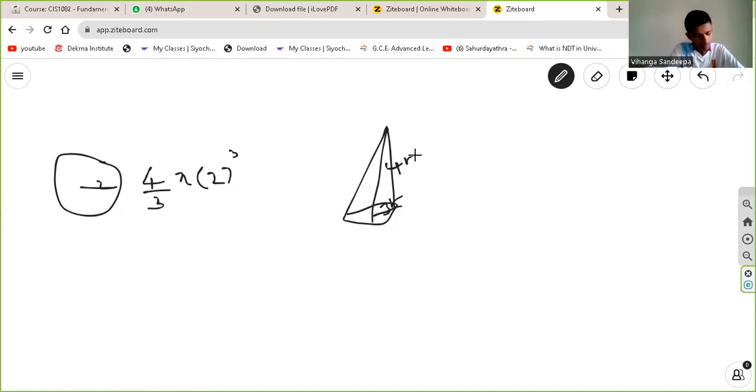We have to equate both values. Simple question. 4 over 3 into pi, 2 to the power 3 equals 8.